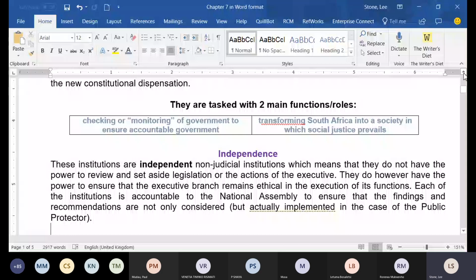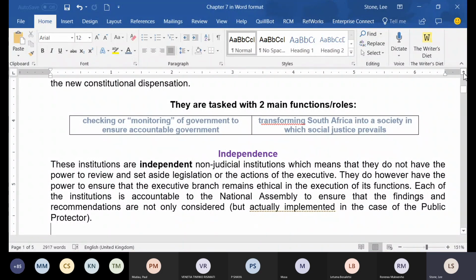And we now know definitively, thanks to the 2016 case of the Economic Freedom Fighters versus the Speaker of the National Assembly, where it is now proclaimed that the public protector's decisions must be implemented unless they are set aside by a court of law.